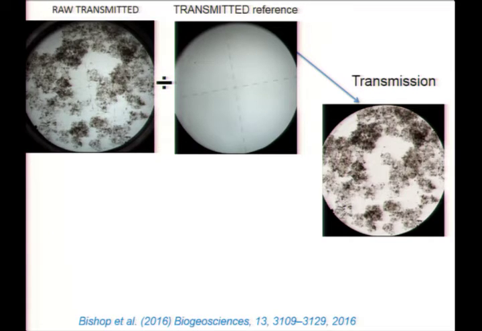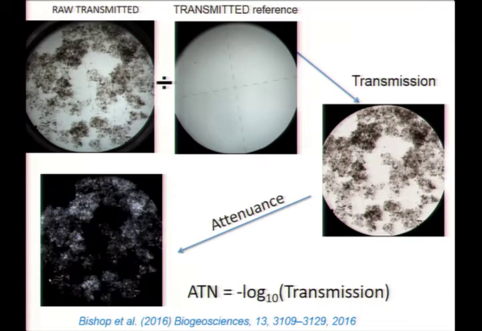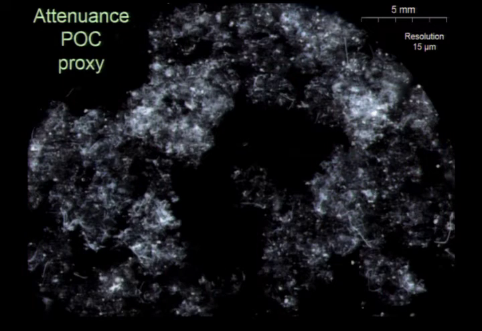These are millimeter dashes. So you simply divide that by that, and you get transmission, and it flattens the image, and then you take the log, and you get attenuance. And this is the attenuance image of that particle. And we can resolve about 15 microns, and the diameter across this is 2.5 centimeters.